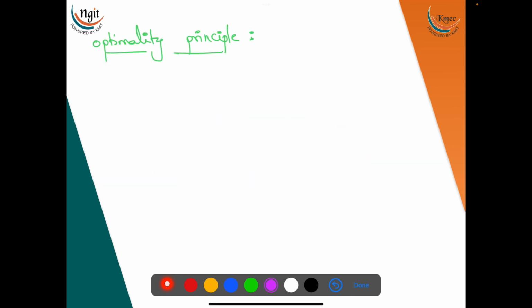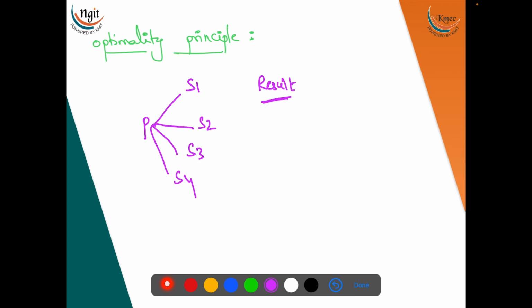Now, what is the optimality principle? Let us assume that we have a problem P. For every problem there will be many solutions, and these solutions we call feasible solutions. Among all the sequences of decisions, we pick one result as the best solution. S1 is one of the solutions, S2 is one of the solutions, S3 is one of the solutions, and there may be many solutions for one problem.